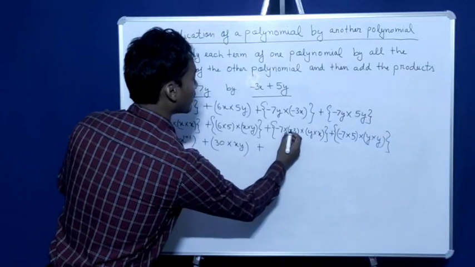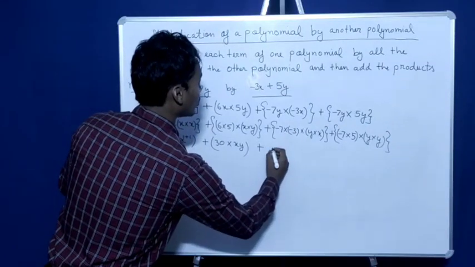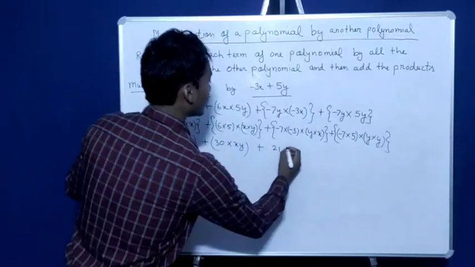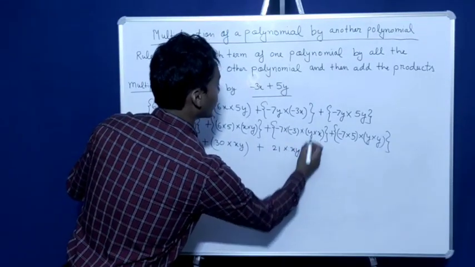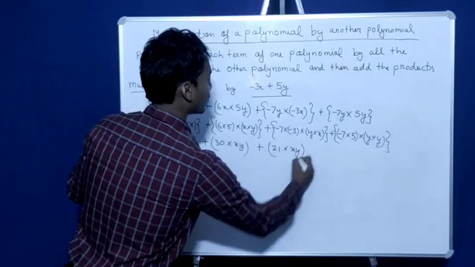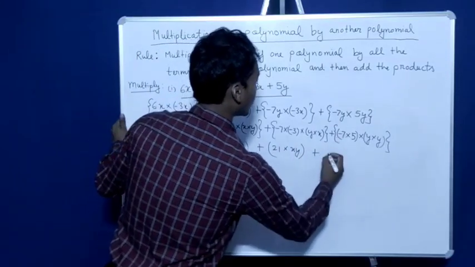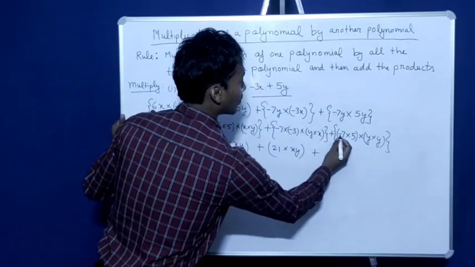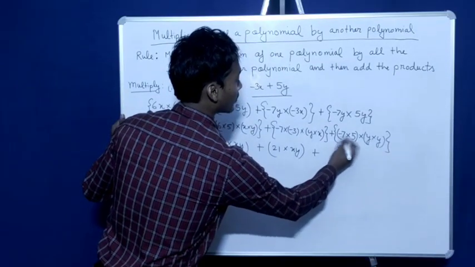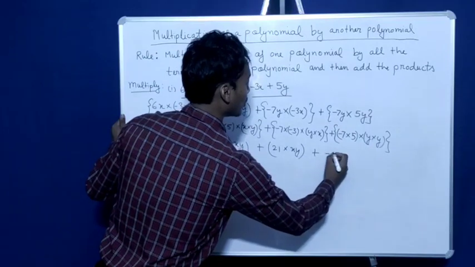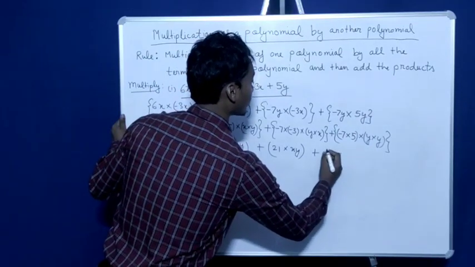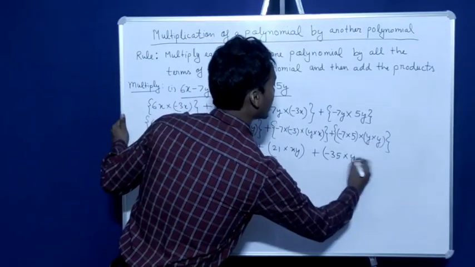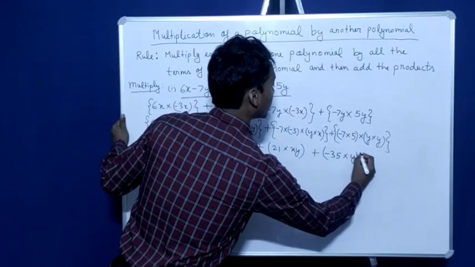Then negative and negative multiplied together gives you positive. So 7 3s are 21 into xy. Y into x will give you xy, plus -7 and 5 will give you -35, because minus and a plus when multiplied gives you negative. So -35, then into y raised to the power 1 plus 1.